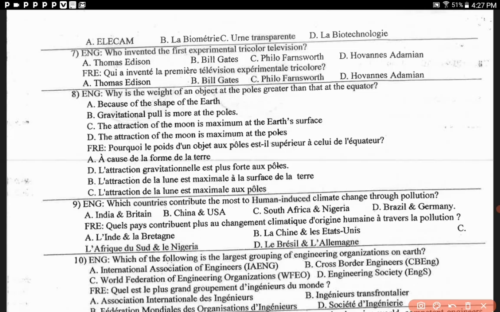Okay, we also have Philo Farnsworth. I almost forgot about him. He also invented the television, but not the tricolor television as it is specified here.